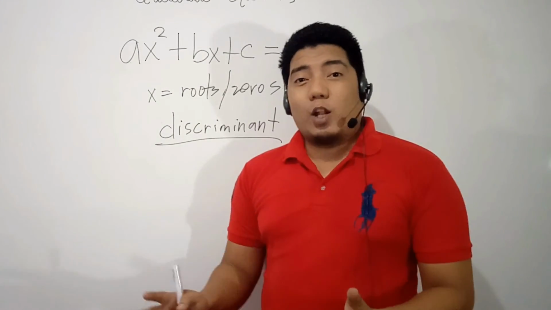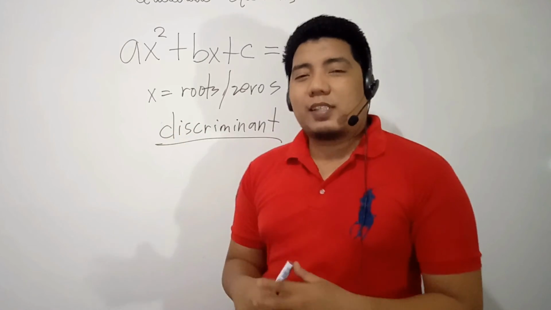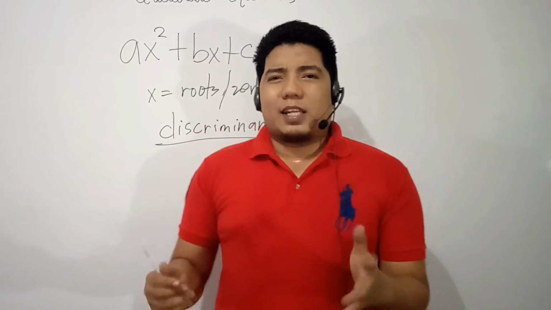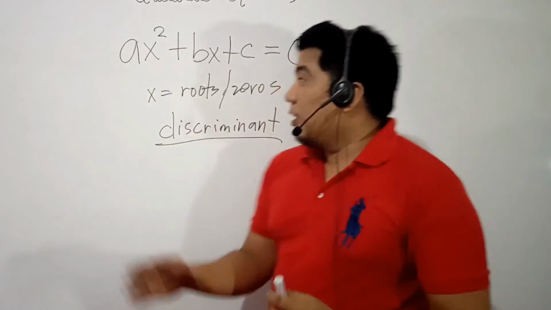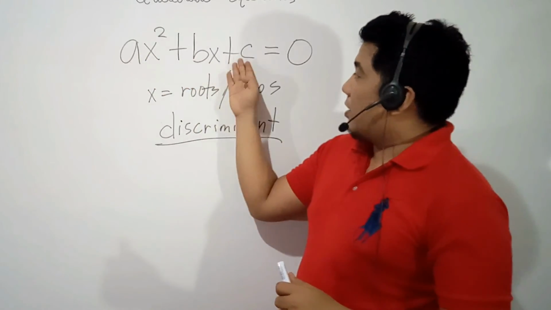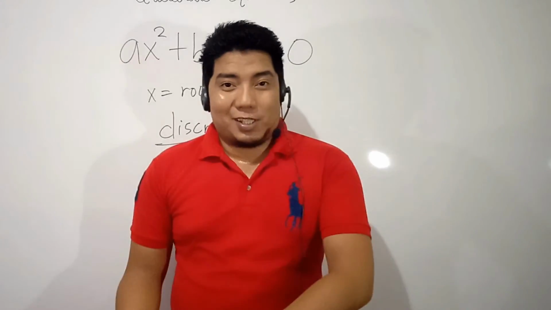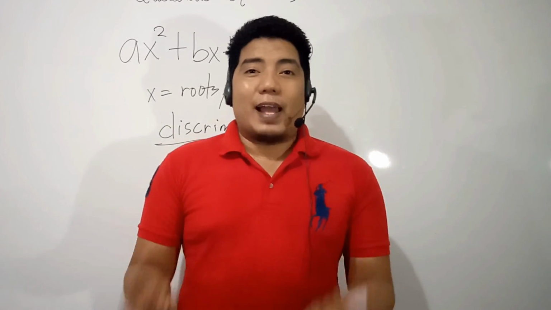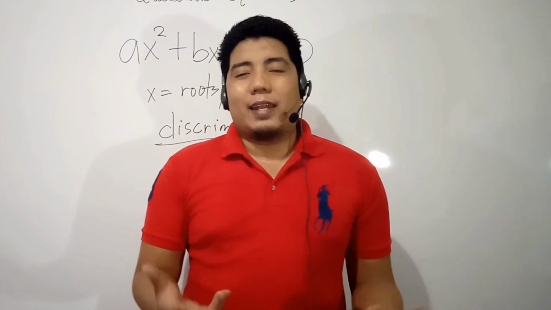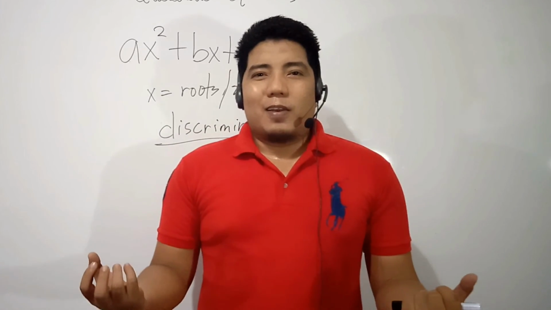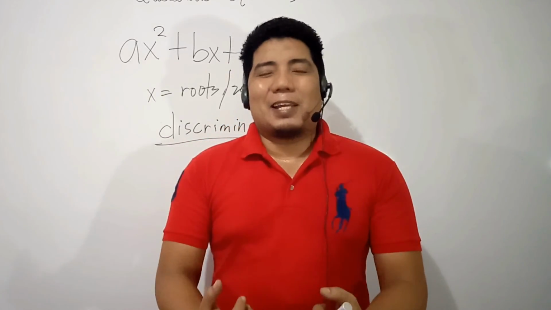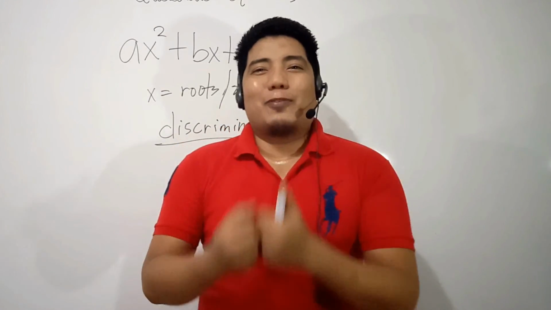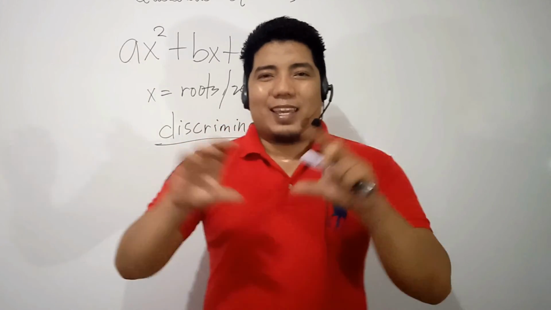Next, what will follow after the lesson about the discriminant? You will also encounter the relationship of the coefficients to the roots. In this part of the discussion, you will be given values of the roots, and those values will be used in a certain process in order to obtain the quadratic equation.